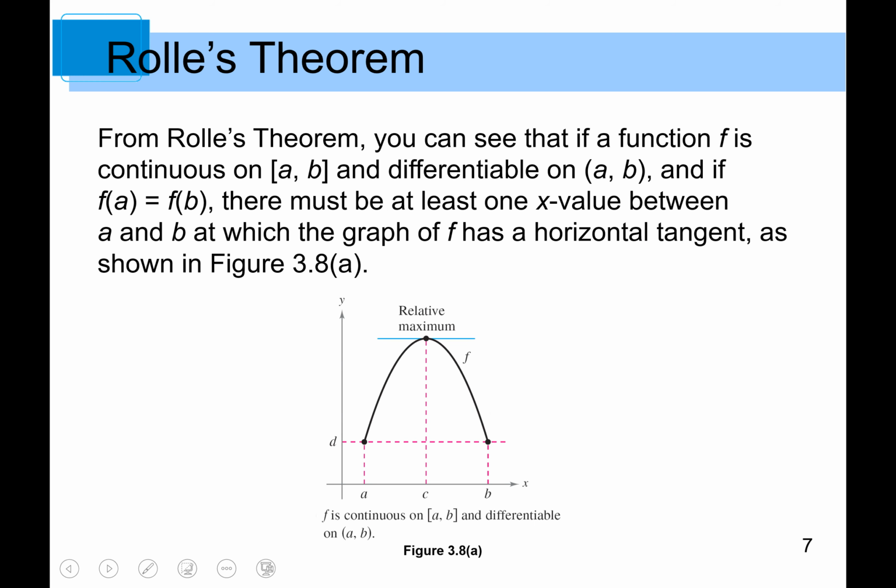So from Rolle's theorem, you can see that if a function f is continuous on the closed interval [a, b], differentiable on the open interval (a, b), and if f of a equals f of b, there must be at least one x value between a and b at which the graph of f has a horizontal tangent. Right here is where the horizontal tangent occurs.